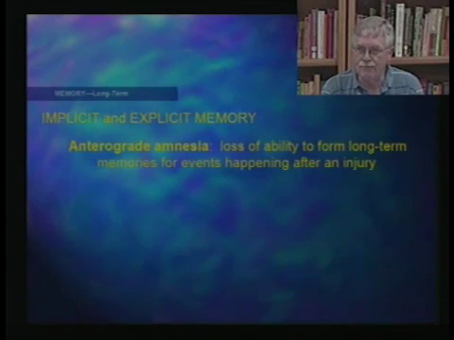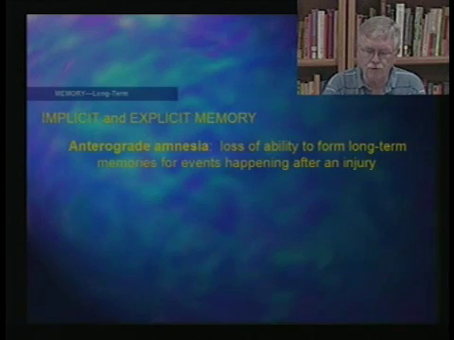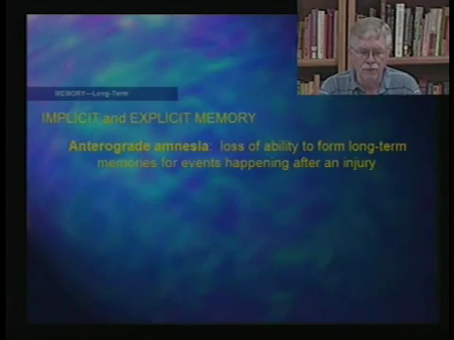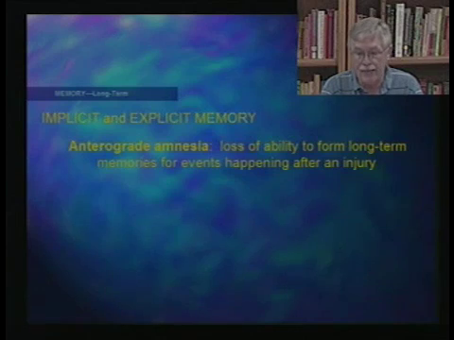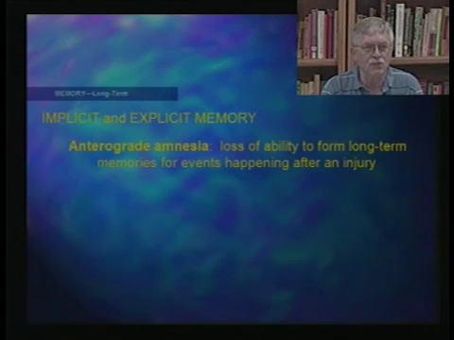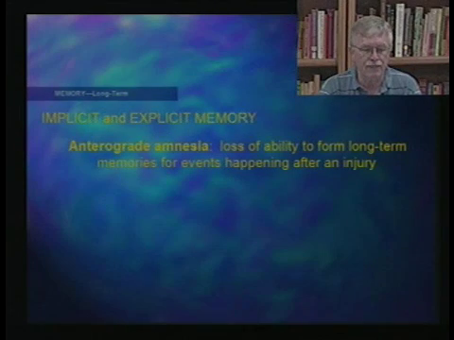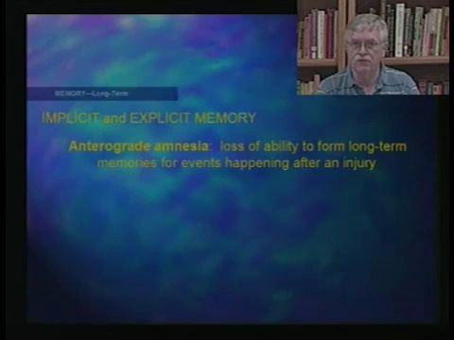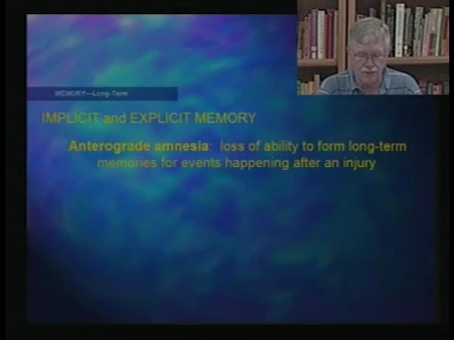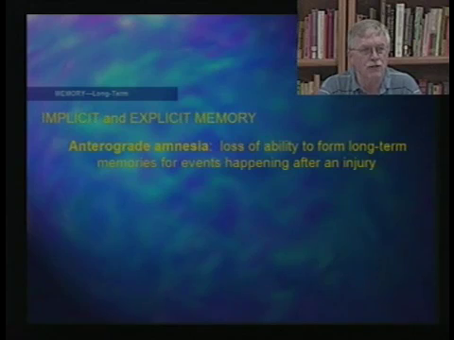Any events afterwards are difficult to retain in long-term memory. Such people theoretically and actually tend to very much live in the present. So if you go in and meet somebody who is suffering true and serious anterograde amnesia, typically you will have to reintroduce yourself if you've been away overnight.